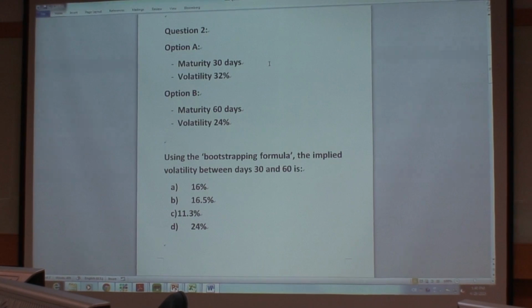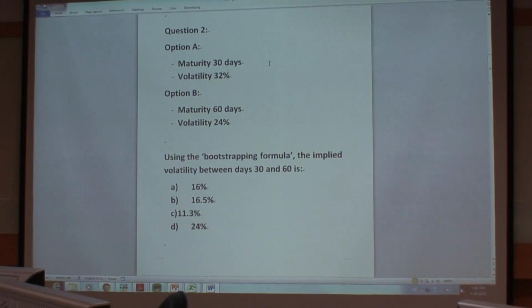That means that the implied volatility for option A is higher. So now I say the same thing, but I'm putting it in volatility terms. The first 30 days are volatility 32. The first 60 days are volatility 24. So that makes the question, what is the movement we expect in that second set of 30 days?